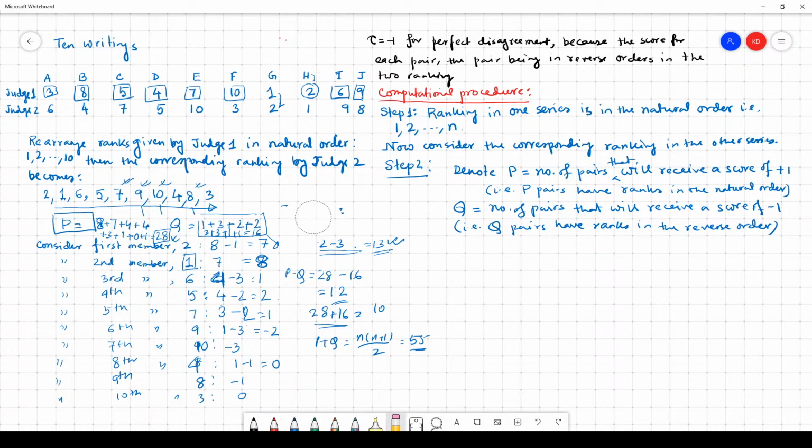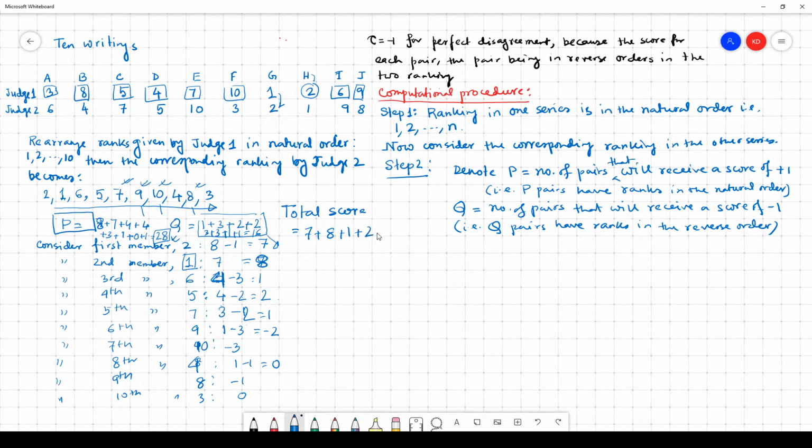Do you see the total score? Shashwat, please tell me. Now it is fine. Total score is 7 plus 8 plus 1 plus 2 plus 1 minus 2 minus 3 plus 0 minus 1 plus 0.